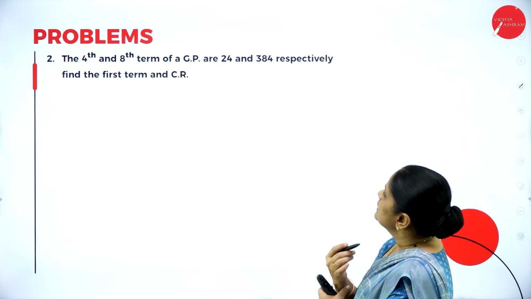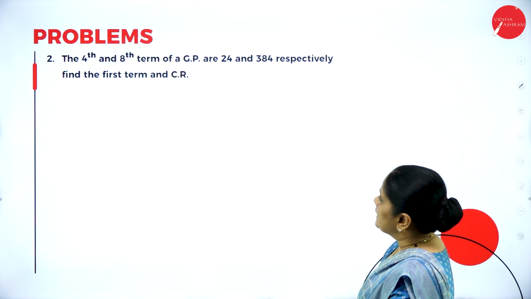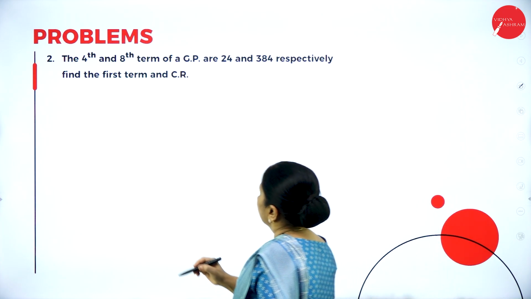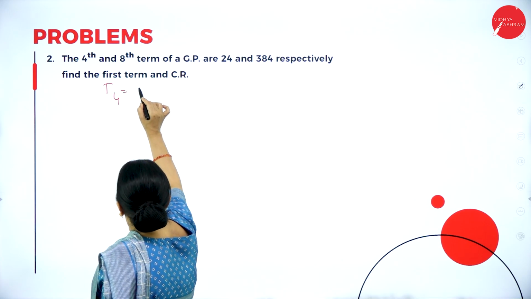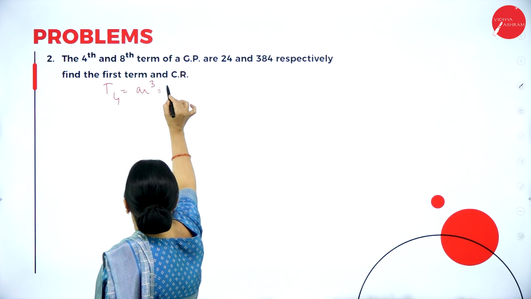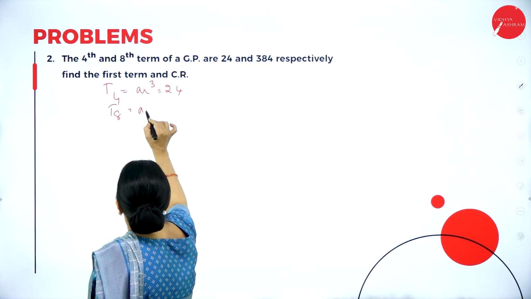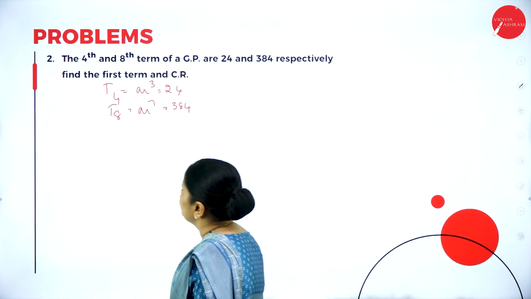Now, the 4th and the 8th term of the GP are 24 and 384 respectively. Find the first term and the common ratio. Now, what is given here? T4 is equal to AR to the power 3 equals 24. T8, AR to the power 7, equals 384.